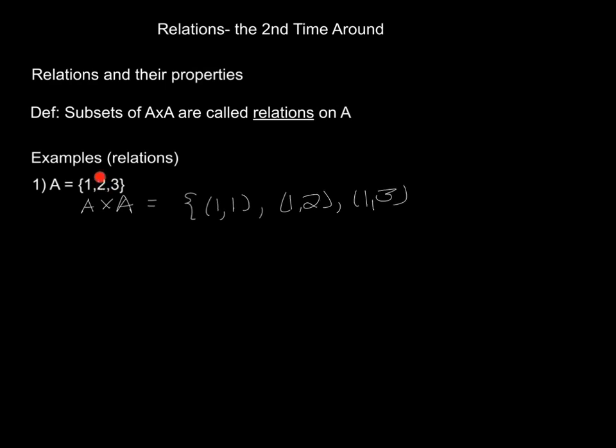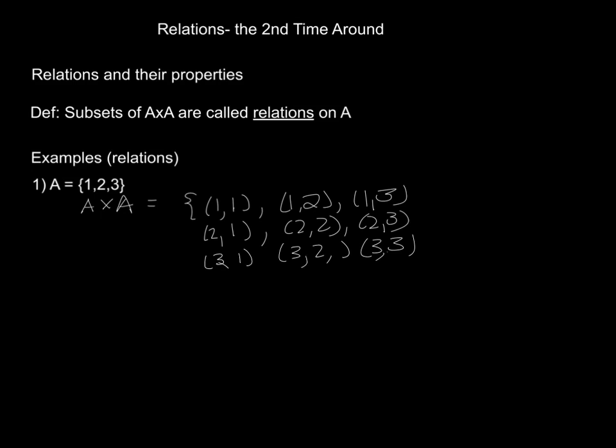Then we'll take the second element 2 and combine it with 1, 2, and 3. So we'll have (2,1), (2,2), and (2,3). And then last, we'll take the last element of A and combine it with each of the elements of A: (3,1), (3,2), and (3,3).